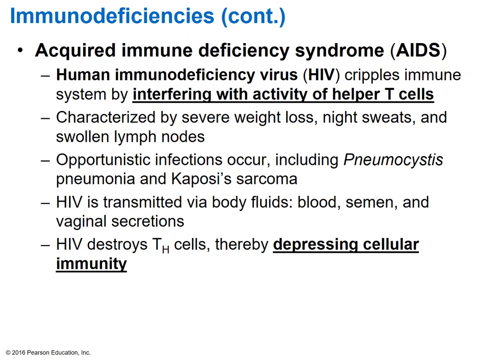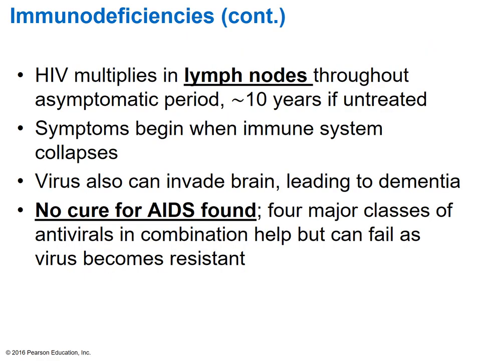The virus itself can be transmitted by bodily fluids and blood, semen, vaginal secretions. The HIV virus tends to multiply in the lymph nodes. A person can be asymptomatic for years left untreated. Symptoms usually don't begin until the immune system starts to collapse.